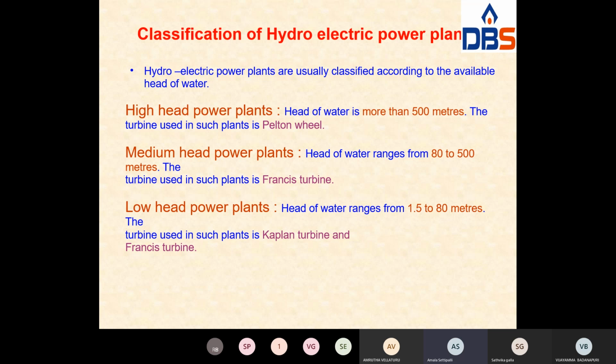When the head ranges from 80 to 500 meters it is a medium head power plant and uses the Francis turbine. When the head ranges from 1.5 to 80 meters it is a low head power plant and uses either the Kaplan or Francis turbine.